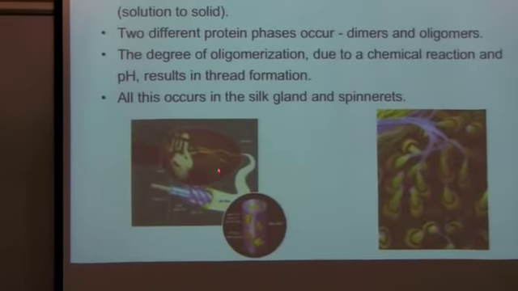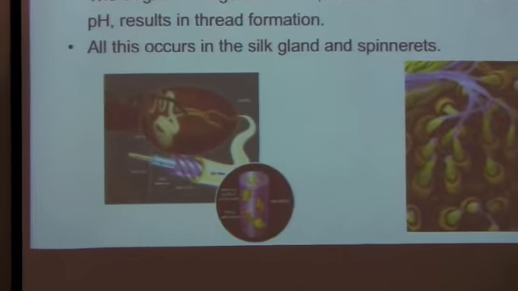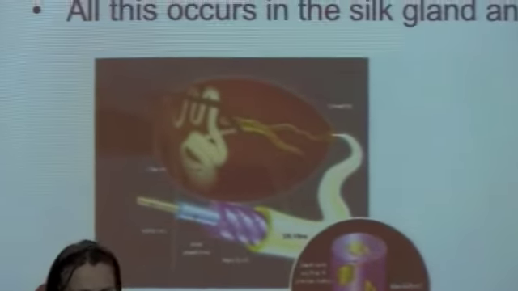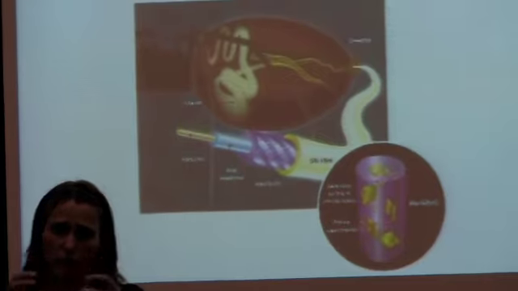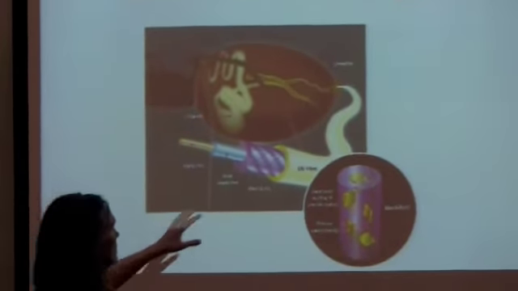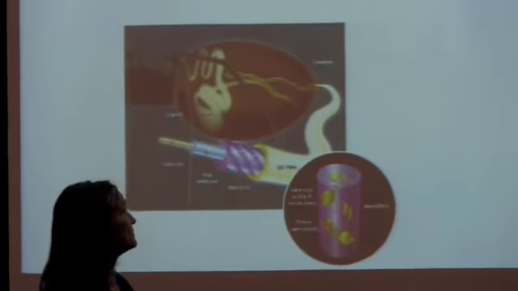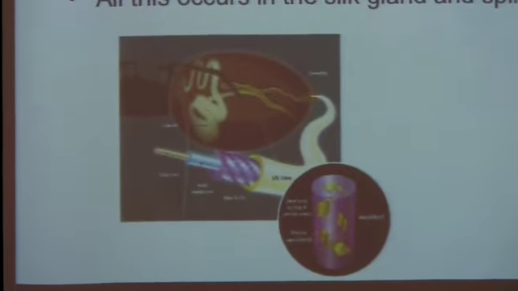There's basically two different protein phases. Over here it's more dimers, which are just two parts to a protein, and then when it comes out, it's an oligo protein, a long, stretched out protein made out of all these dimers.